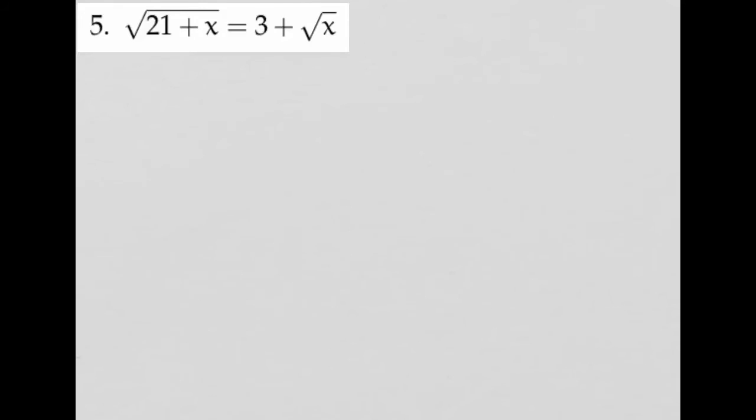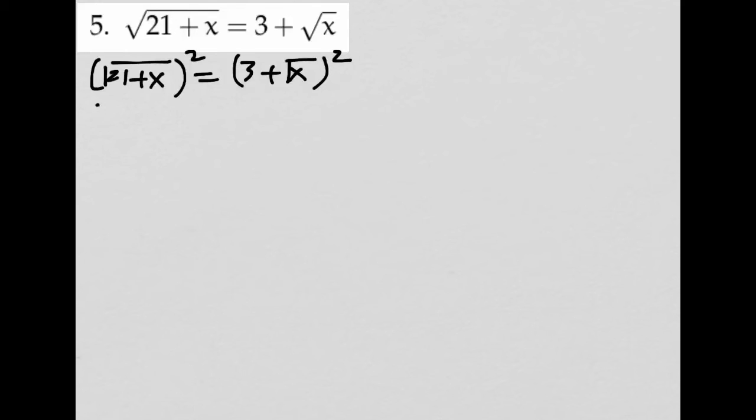Example 5, solve square root of 21 plus x equals 3 plus square root of x. Let's square both sides to get square root of 21 plus x squared equals 3 plus square root of x squared. 21 plus x on the left side equals 9 plus 6 square root of x plus square root of x squared, which is x.